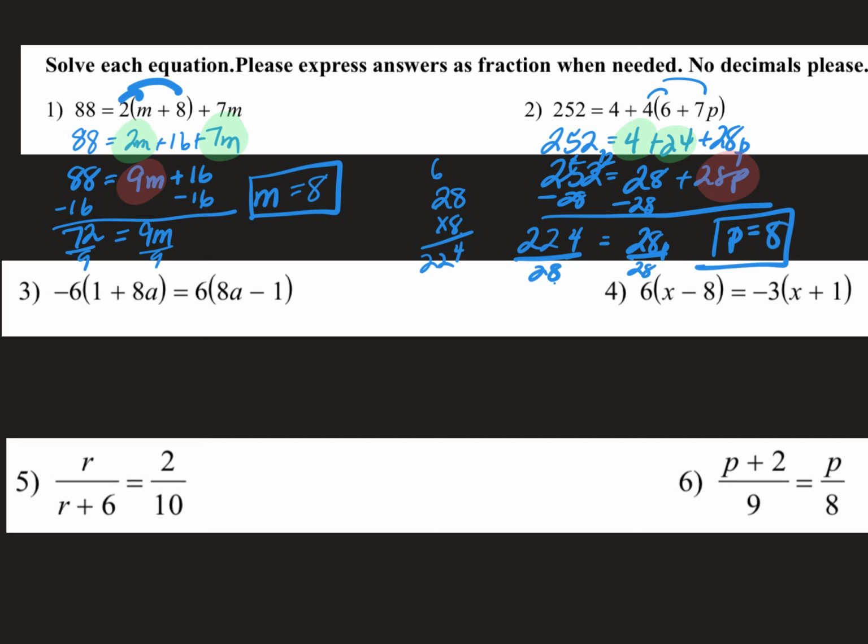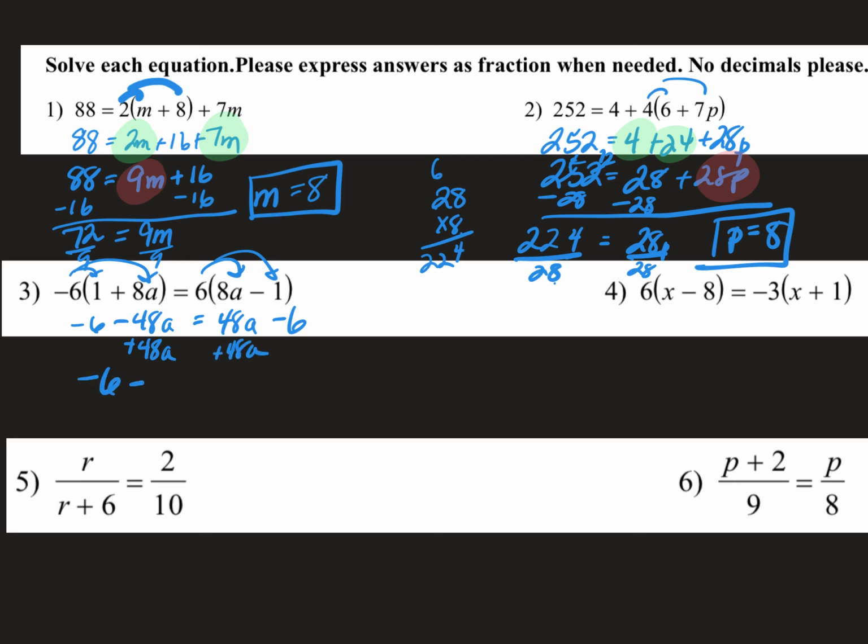For number 3, I'm going to distribute on both sides. Negative 6 minus 48a equals 48a minus 6. I am going to move the negative 48a on the left to the right by adding 48a.